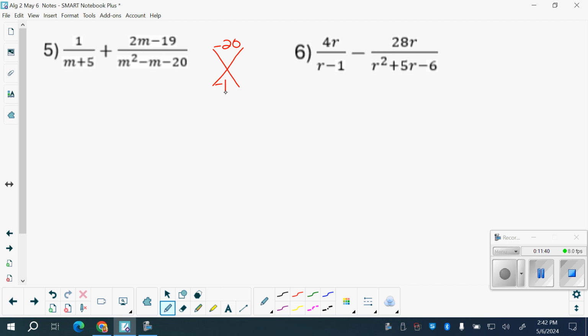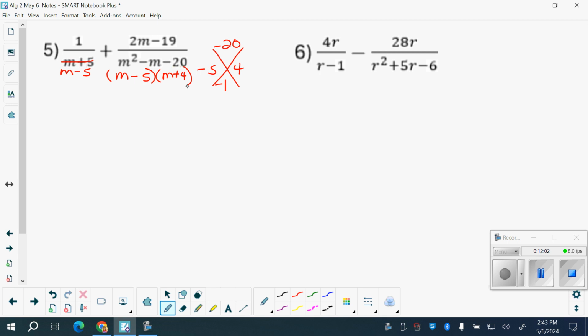So what multiplies to negative 20 that adds to negative 1? Good, negative 5 and 4. This is supposed to be an m minus 5, so that's a typo. Change that to m minus 5. So this would be m minus 5, m plus 4. So what's in this denominator that's not in this one? M plus 4.